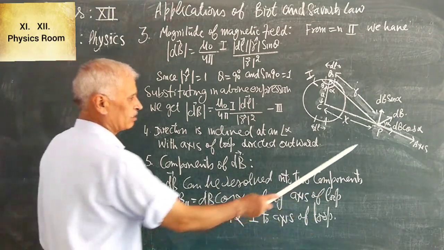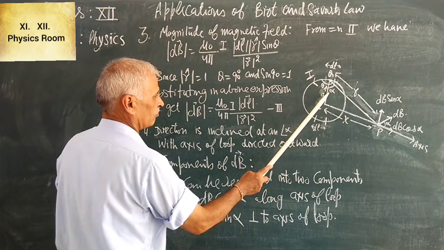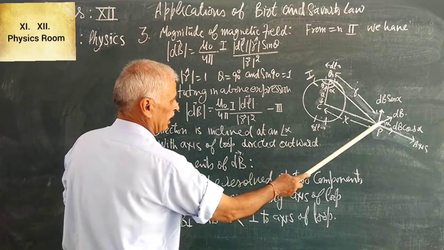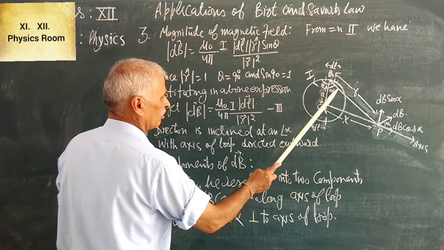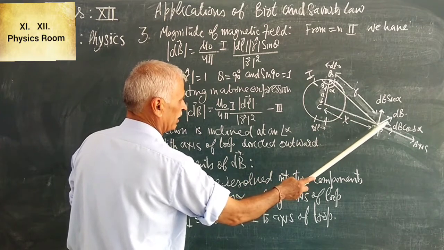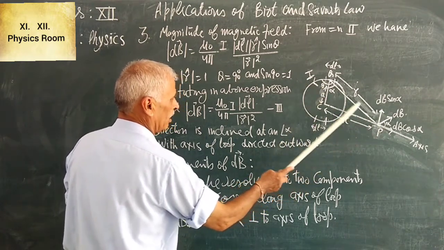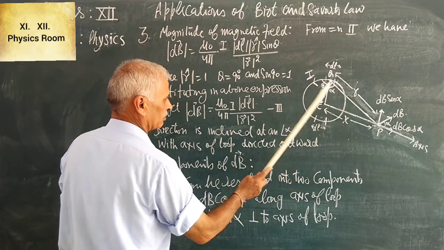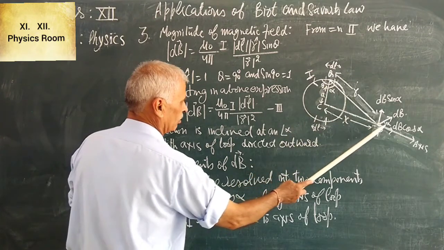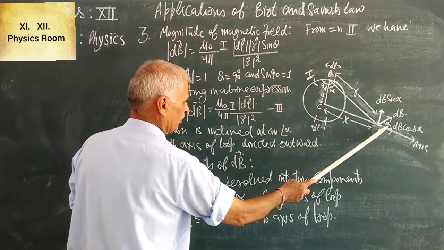Now this angle is alpha, and this angle is also alpha, because the angle between two lines is equal to the angle between their perpendiculars. The axis is perpendicular to this and r is perpendicular to the radius, so this angle is equal to this angle. That's why it has also been marked as alpha.